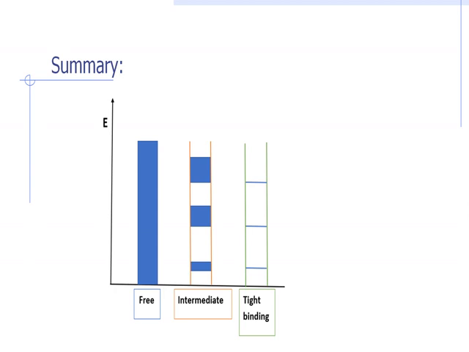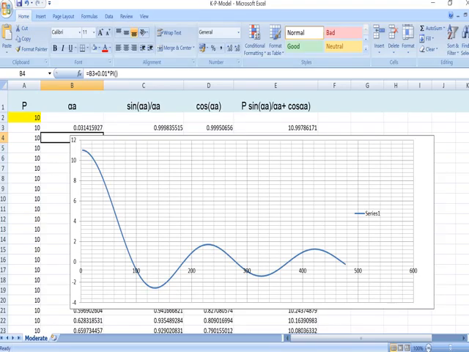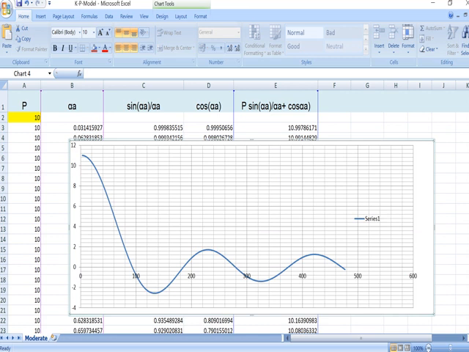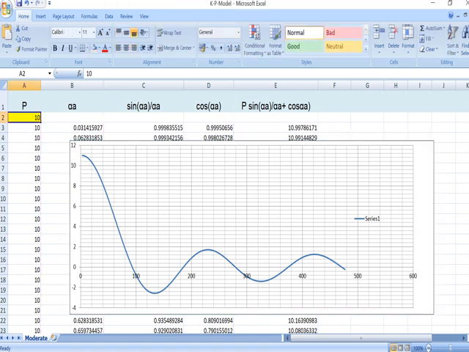Now we will see it through the Excel utility. Let us have a look. Now friends, in this, what you need to change is the P value; we can put whatever value we want here.